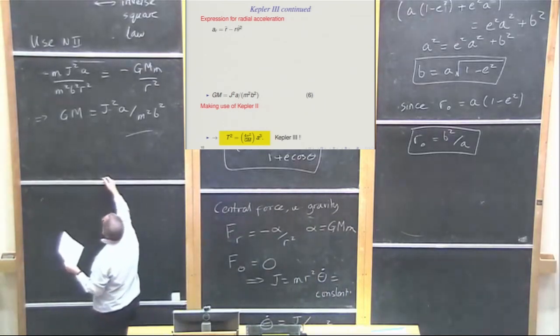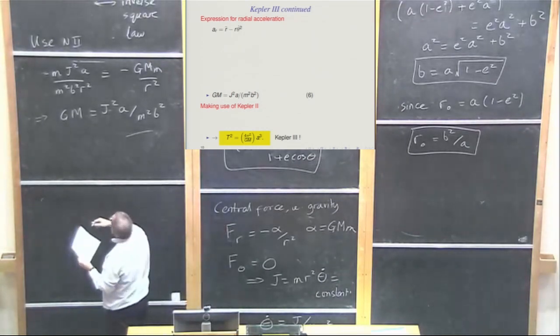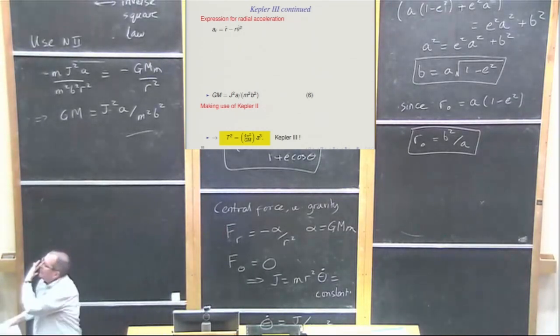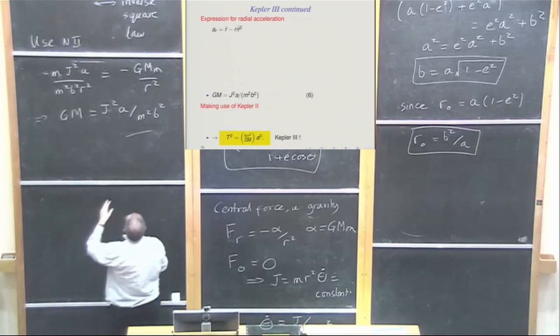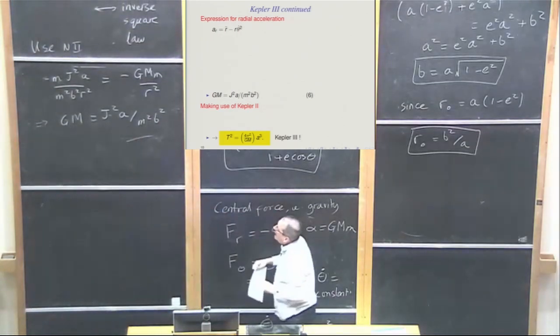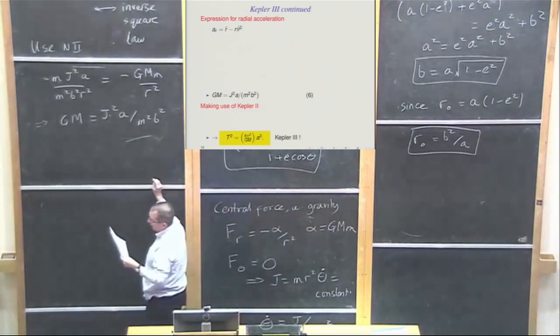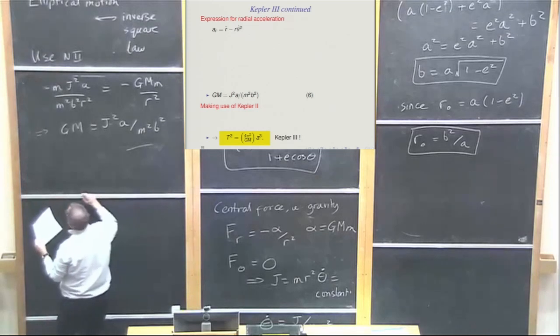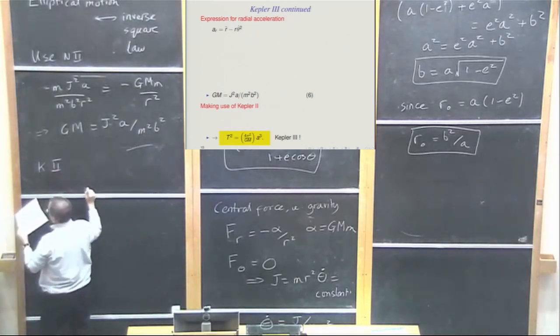So let us try and think what we can make use of. Well, what we don't have here yet is anything involving the time period of the motion. We've got a dependence on a, which is good. We want that. There's b in there, which we probably want to get rid of, but we don't have the time period. So Kepler 2, what does that tell us?